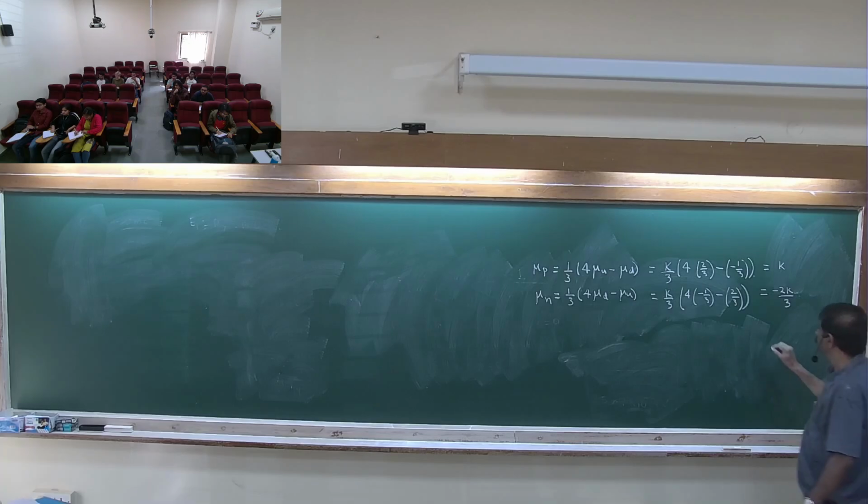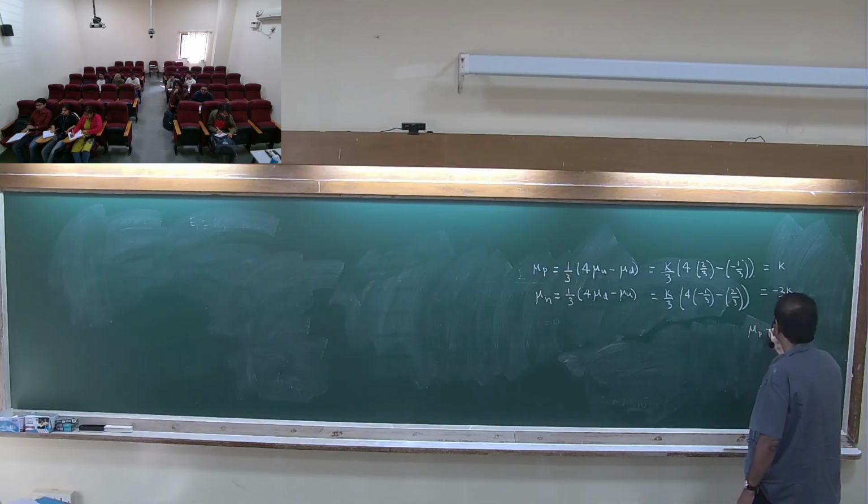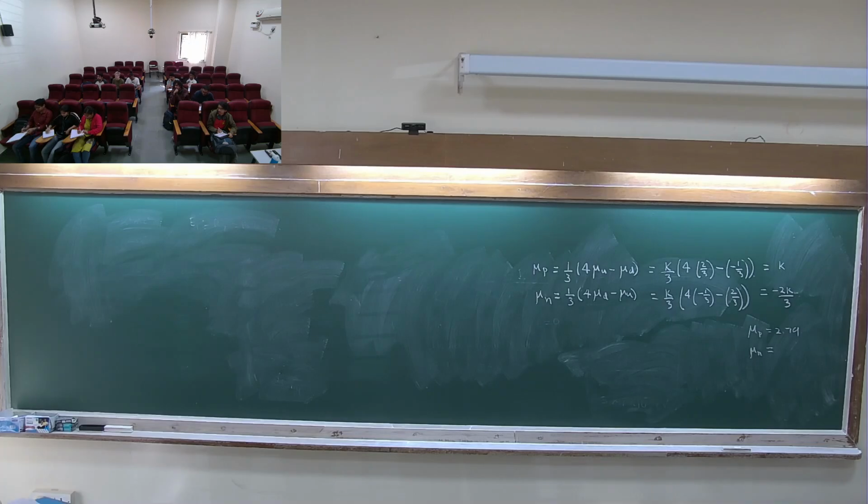So now you please predict for me. You asked me what is mu p. You said mu p was 2.79. Use this formula and tell me what is mu n.